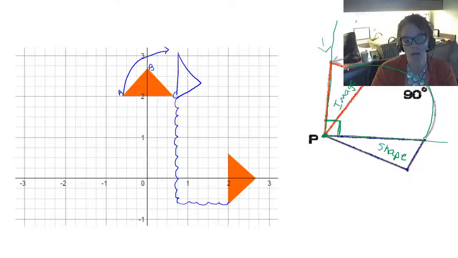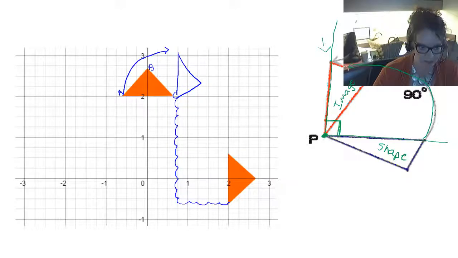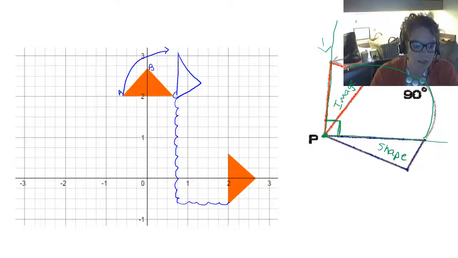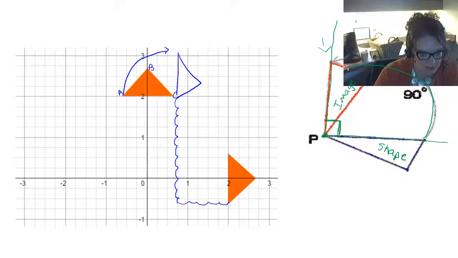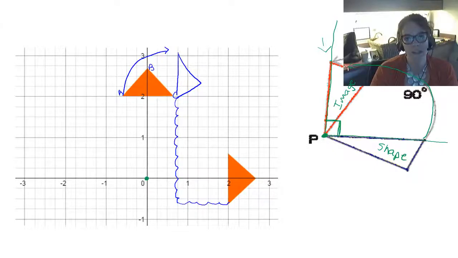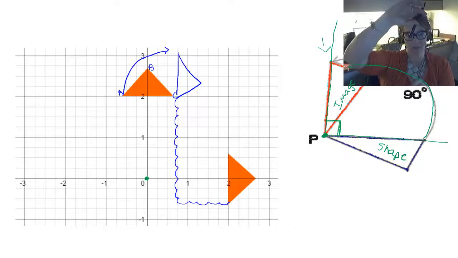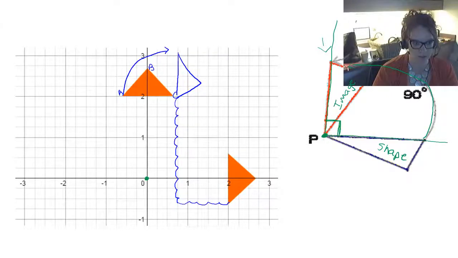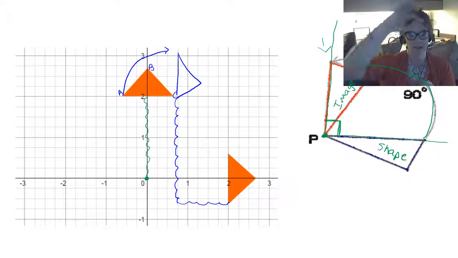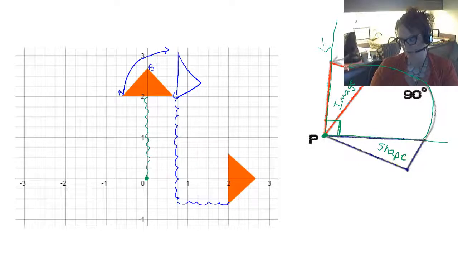But you can also do it where your vertex is not pinned down. So let's go back to the orange triangles. If I picked a center point, let's say maybe it was the origin, which is point 0, 0 right here where the green dot is. If I rotated my shape around there, pretend that triangle is on a little string from the origin. And I took that triangle and moved it over here.